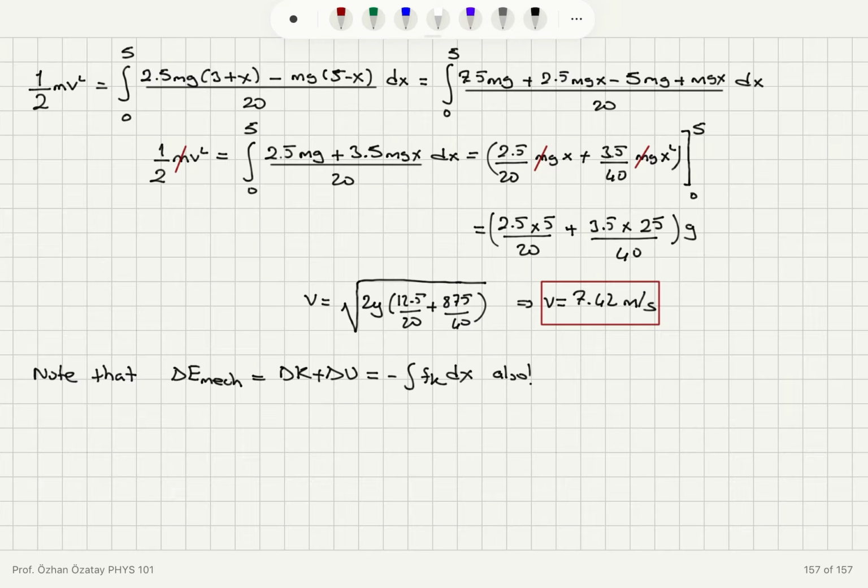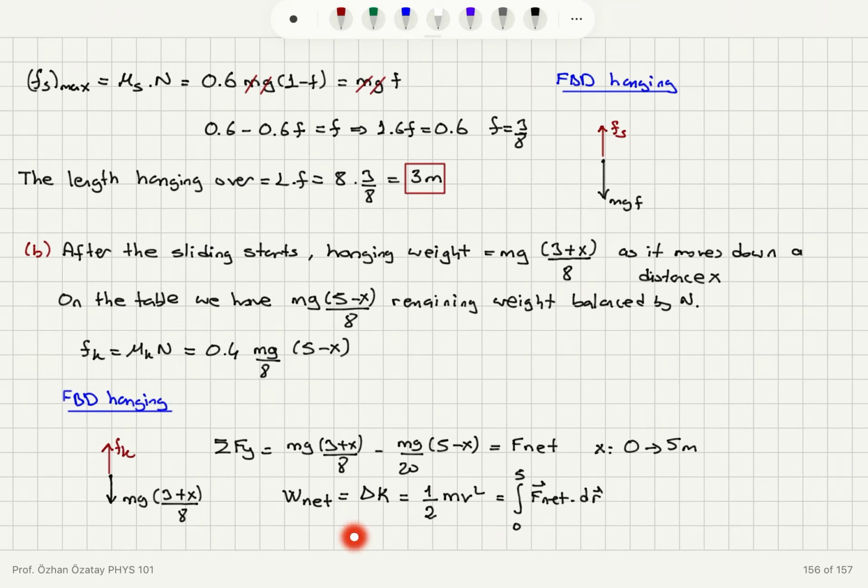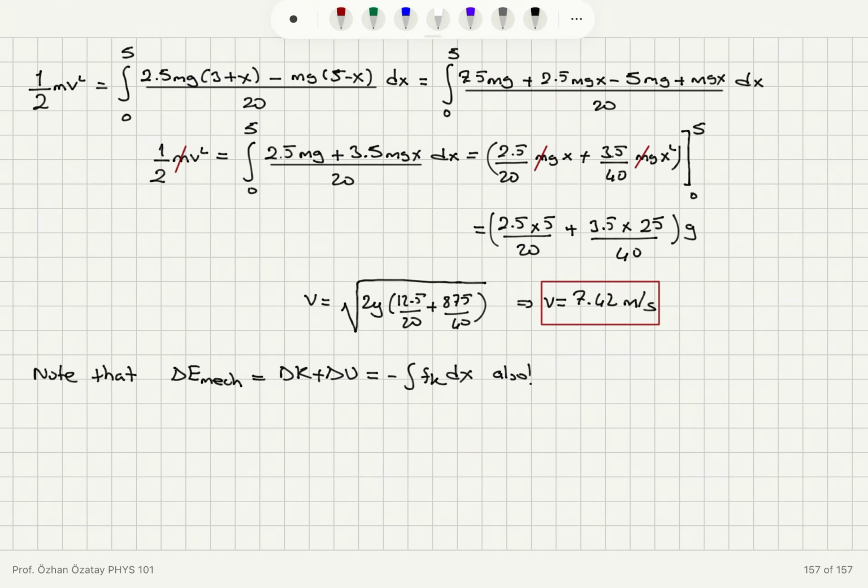It causes a decrease in the mechanical energy of the system. So what I have done here using the work-kinetic energy theorem, you can show to be equivalent to this statement. Basically, there is no work done by a non-conservative force in the sense of adding energy; all it does is decrease the mechanical energy of the system and convert it to heat.